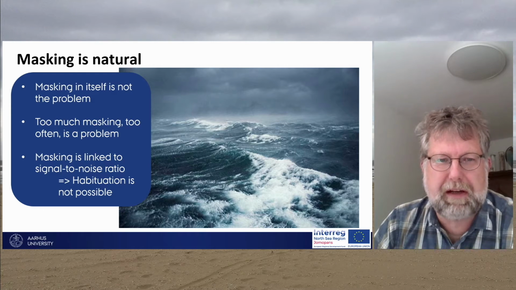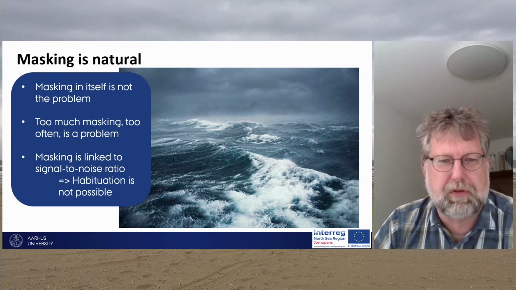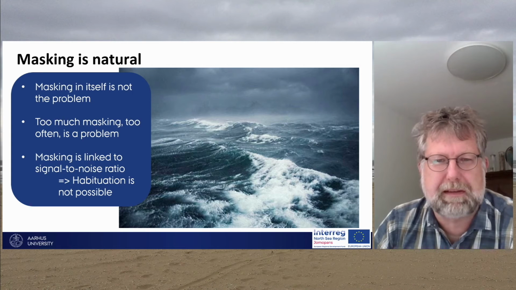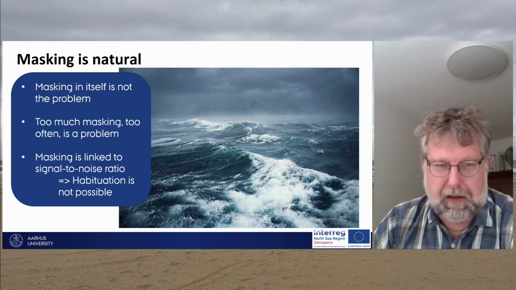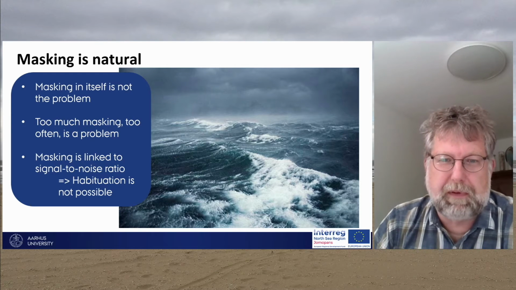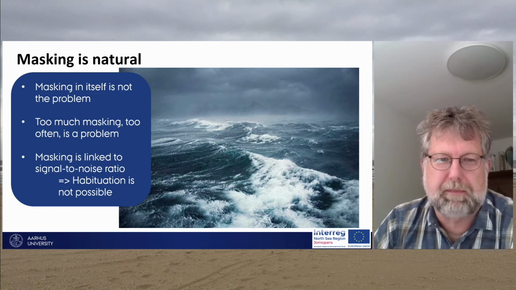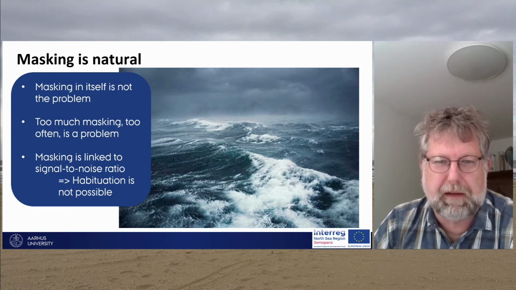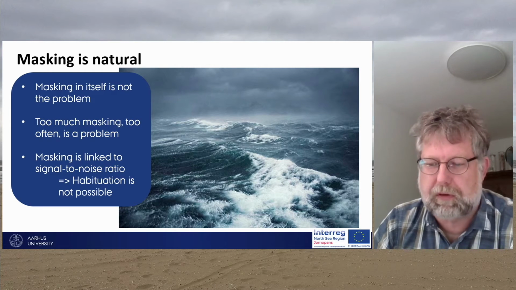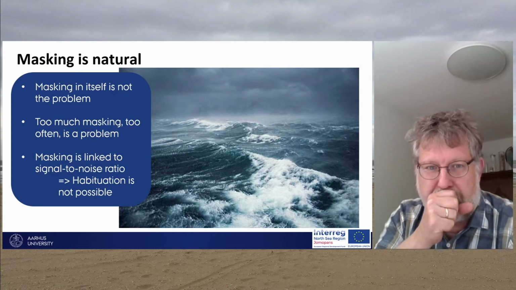Because we're dealing with physics here, masking is very closely linked to the signal to noise ratio, so it's not possible for the animals to habituate, because it's something that happens outside of their control. They can't influence the signal to noise ratio in other ways than moving closer to each other.